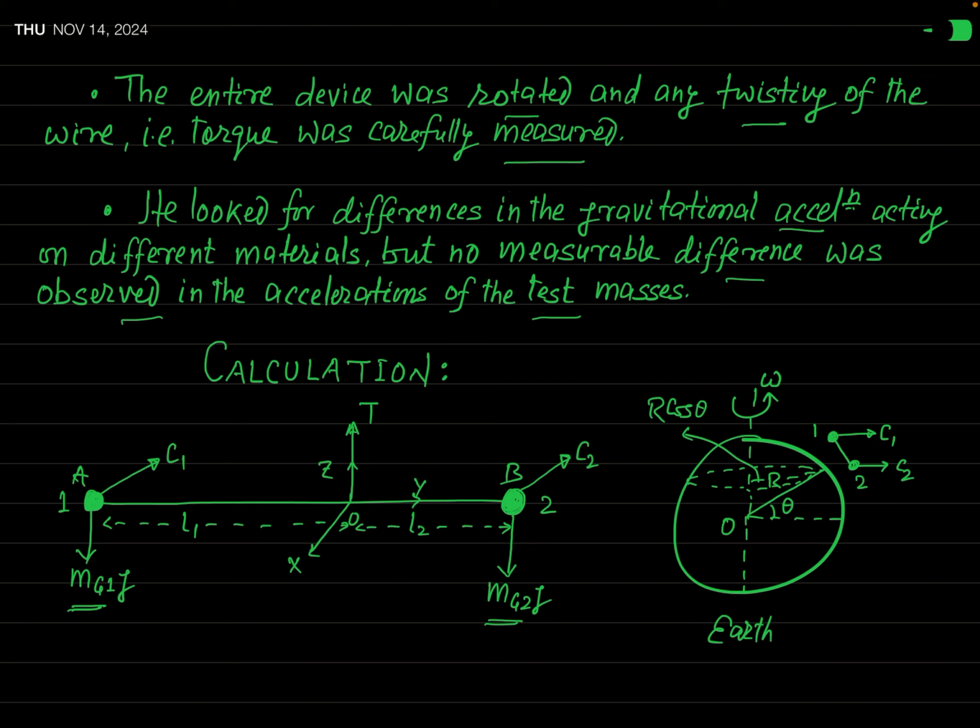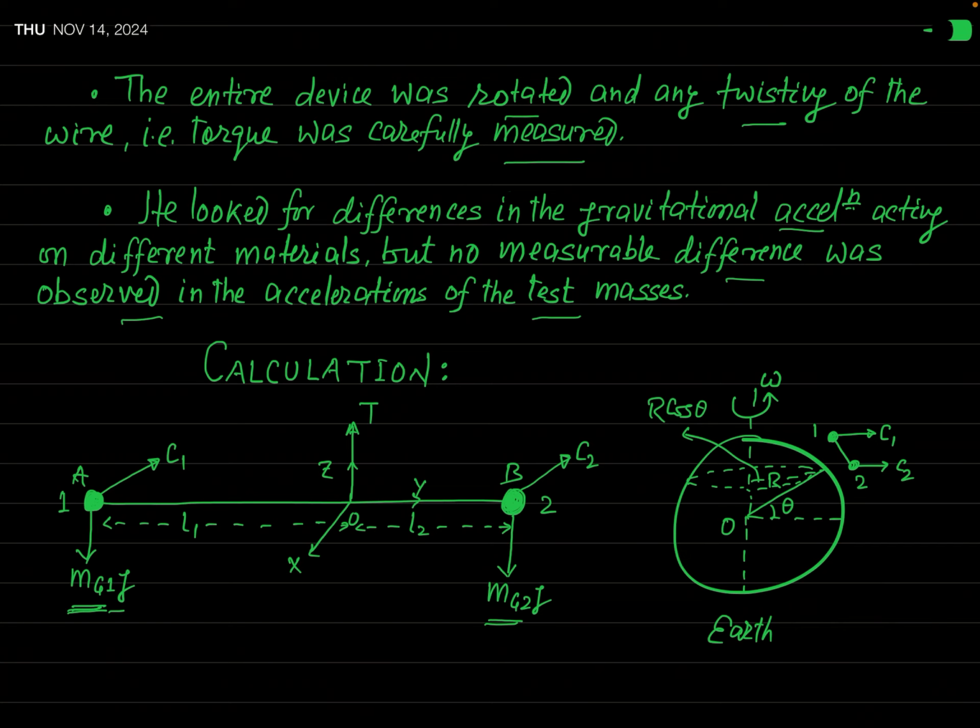So what will be the force of gravity acting on the first body or first mass? You can easily say that the weight of the first mass will be simply the product of the gravitational mass of the body times acceleration due to gravity, small g.